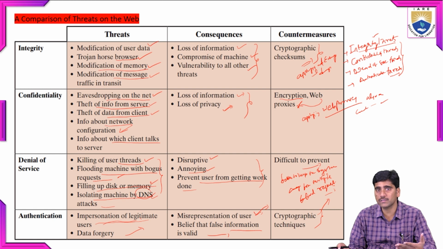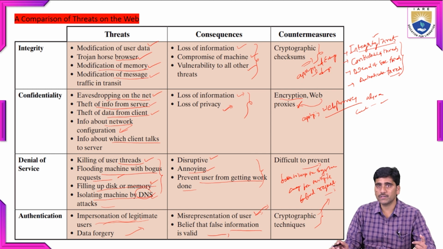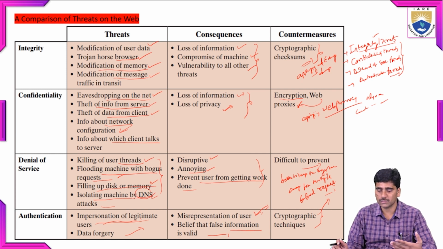What are the consequences we face from these threats? Consequences: loss of information, compromise of machine, vulnerability to all other threats, loss of privacy. All these consequences we are facing.